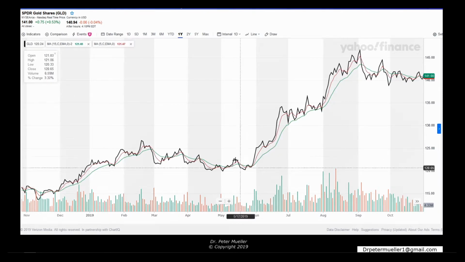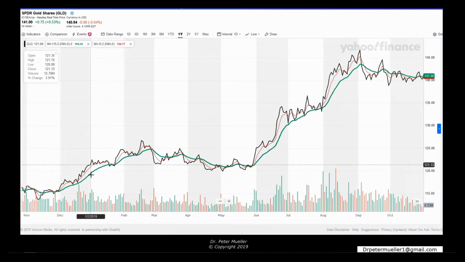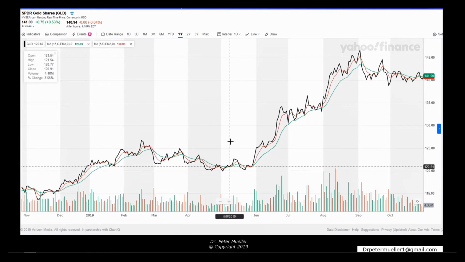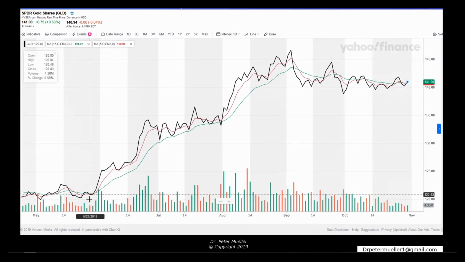We have a 5-day exponential moving average up here, which is red, and we have a green one, which is a 15-day exponential moving average. And you see here, let's zoom in a little bit. We have some cases where they cross over, as we can see here and here and here.